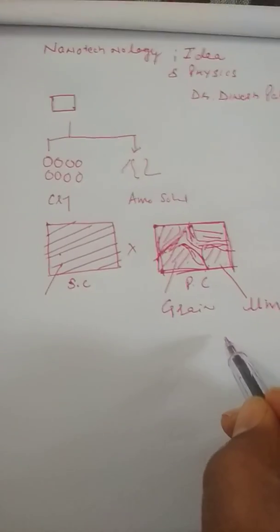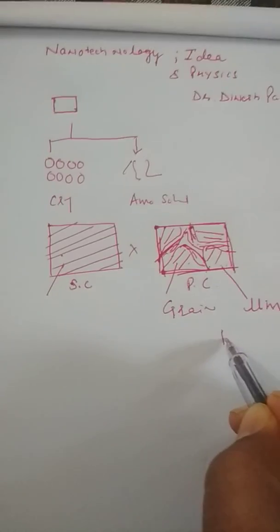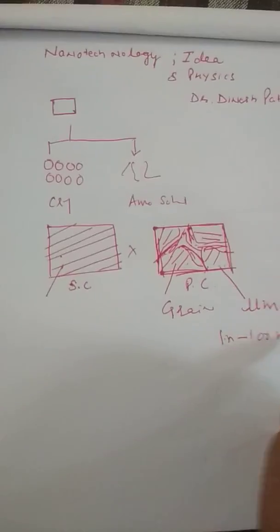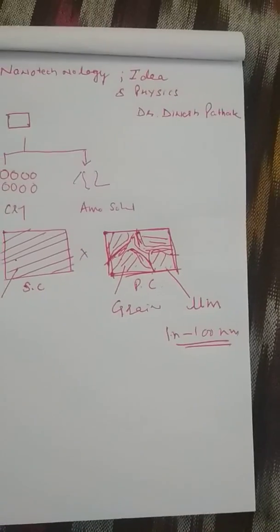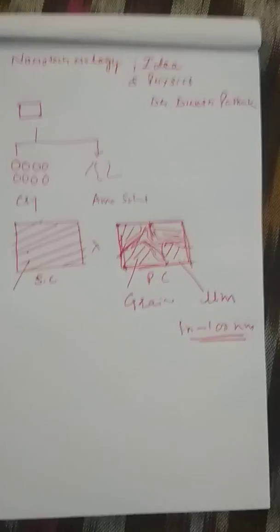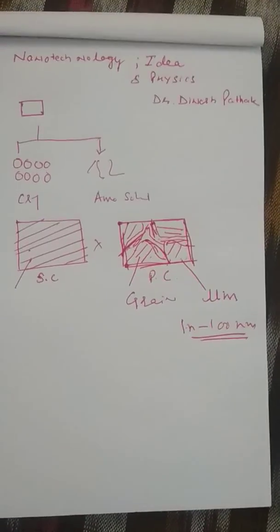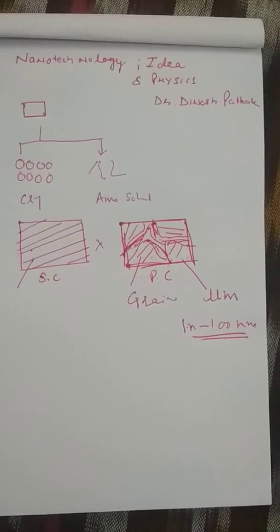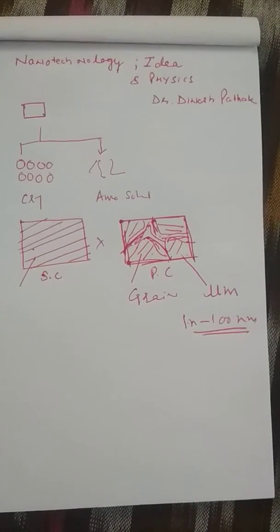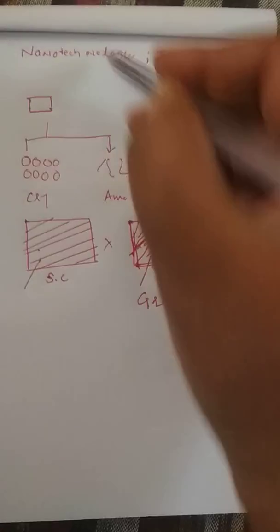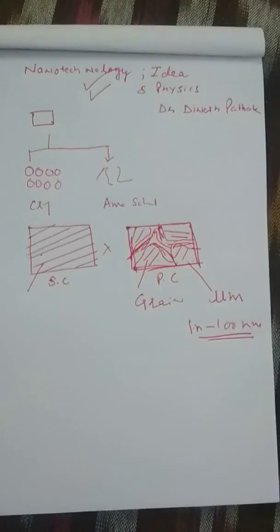And if the size of the grain is from 1 nanometer to 100 nanometer, we name these materials as nanomaterials. So nanomaterials are polycrystalline materials where the particle or grain size is limited from 1 nanometer to 100 nanometer, and the technology which comes out of this material is named nanotechnology.